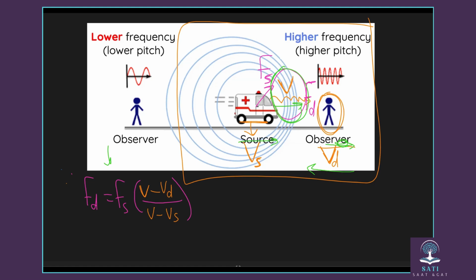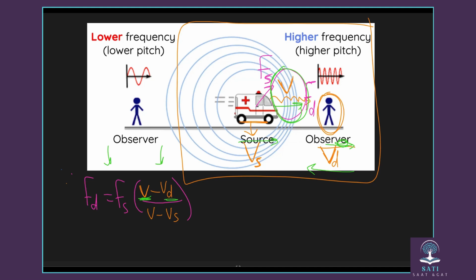In this case, when you go back to the formula to apply it, we classify the velocities based on the velocity of the sound. The velocity of the sound was to the right, so I keep the velocity of sound as it is. Always this V, which is of sound, we keep as it is.